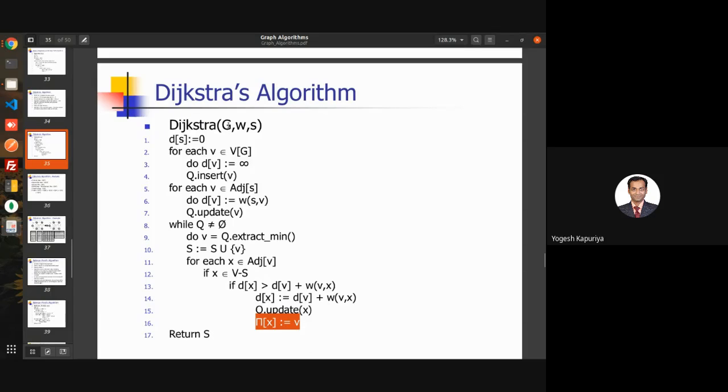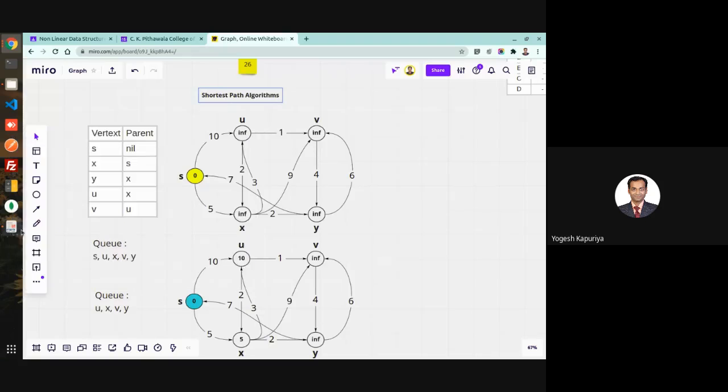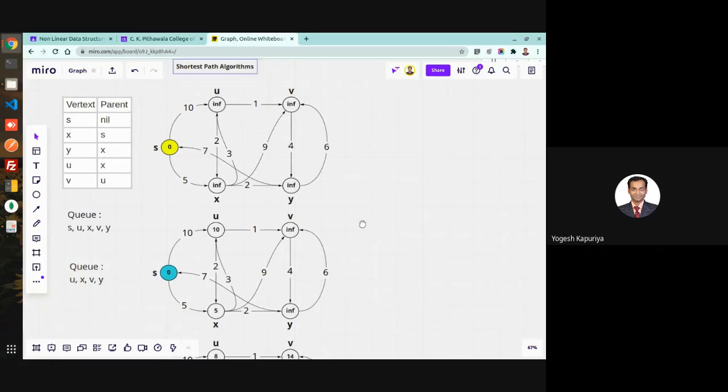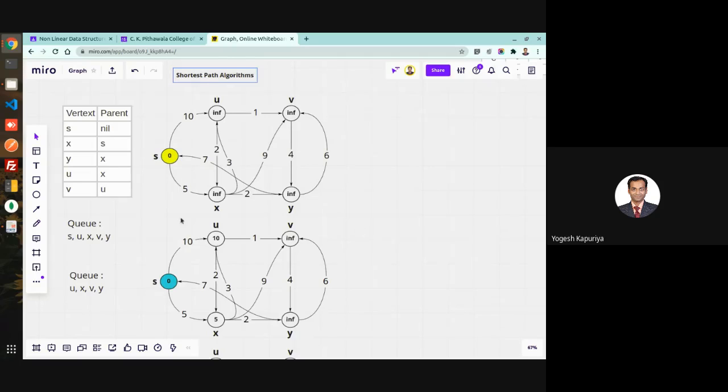Okay. So there are lots of mistakes in this algorithm, right? So you can ignore this. But I think you should understand the approach. No one is going to ask you the algorithm, because you have a separate subject for algorithms. In data structures, you may be asked to solve this, right?